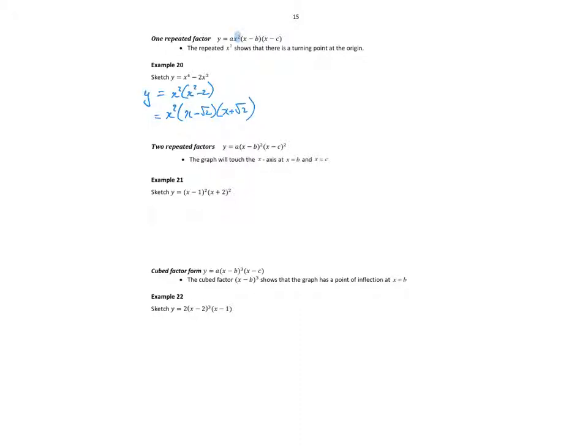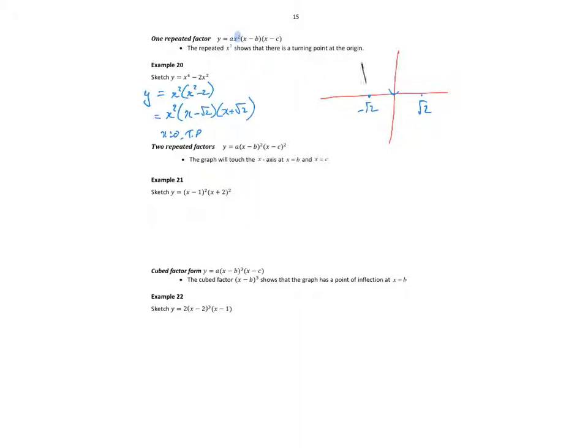So if I want to sketch that graph, plus or minus root 2 are going to be intercepts, negative root 2, positive root 2, but at x equal to 0, that's a turning point. So it's going to be turning it somehow. It's a positive quartic graph.